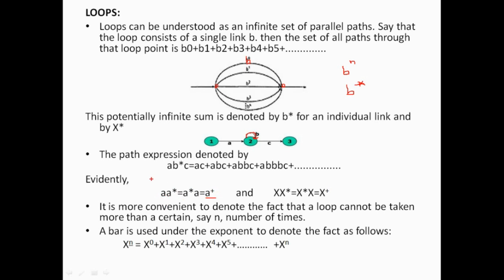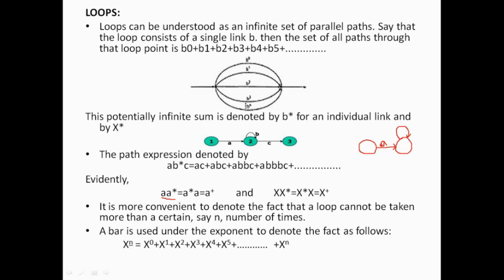Let's consider this example. We have one node with one link of weight A. The second node is repeating itself, meaning it has a never-ending loop.